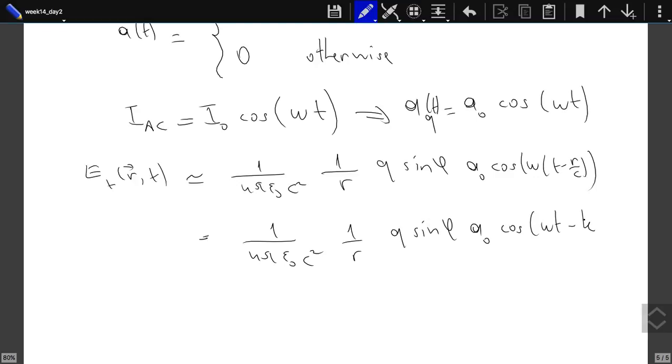Cosine omega t minus k r, where k is omega over c. But this is the plane wave that we had studied, except for this 1 over r dependence.